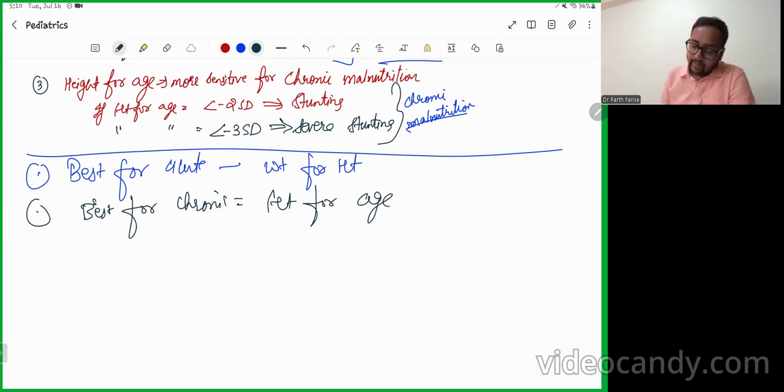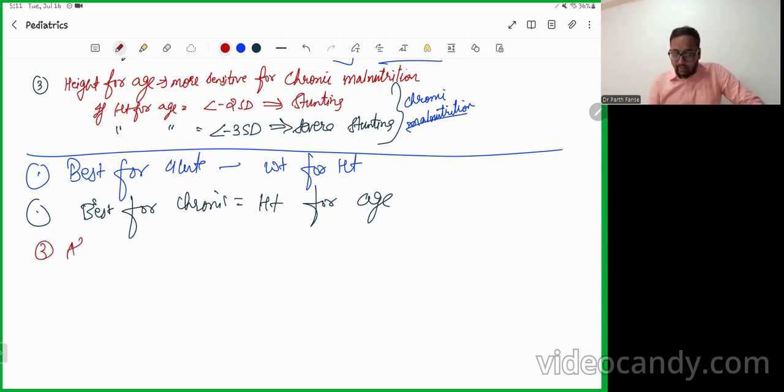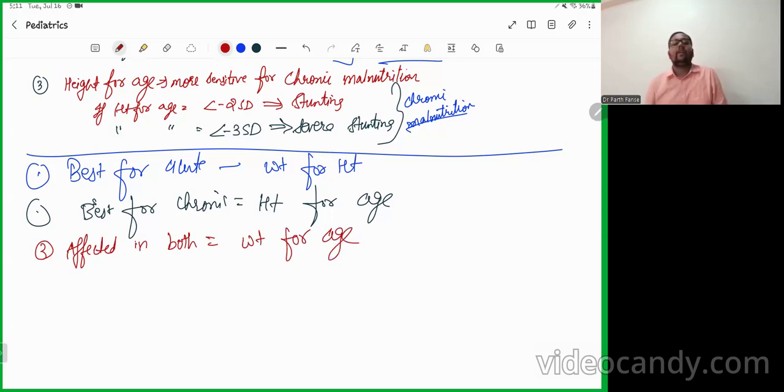Yes or no? Let me write this height again properly because you are getting confused. Height for age. Done. Third line: it is affected in both acute and chronic. Which is it? Weight for age. Yes or no? Okay.